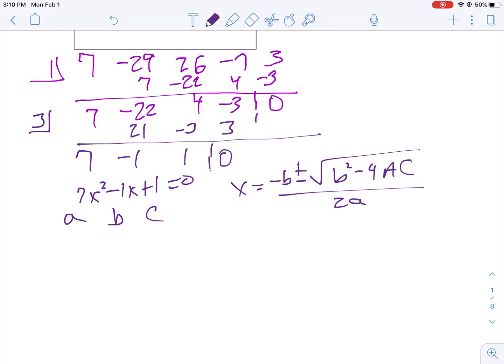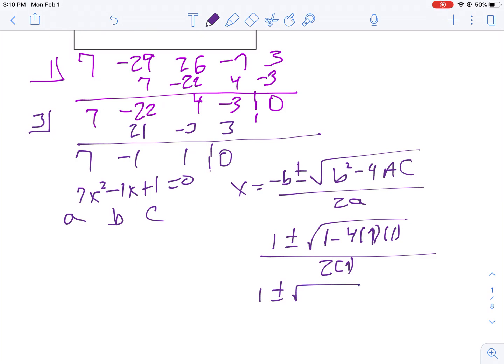So we have the opposite of negative 1, which is 1, plus or minus, and then we'll have 1 squared minus 4 times 7 times c, which is 1, all over 2 times 7, because that's our a. So we get 1 plus or minus the square root of 1 minus 28, all over 14.